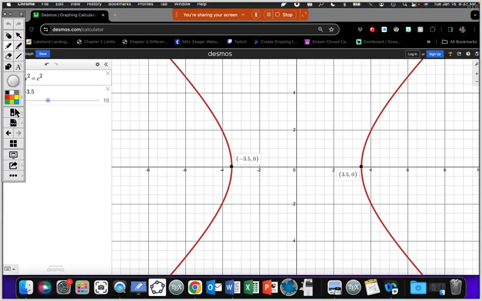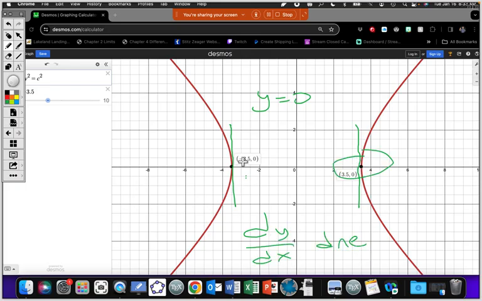Technically, we do have tangents, but they're what? What kind of tangent lines are at y equals 0 on these things? So dy dx does not exist, but we got vertical tangents there.